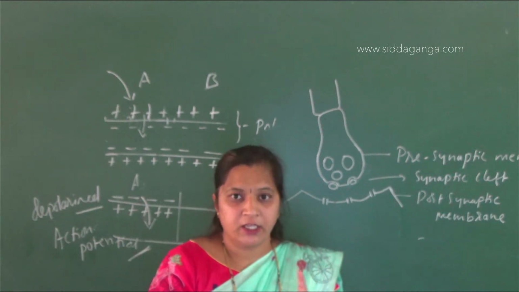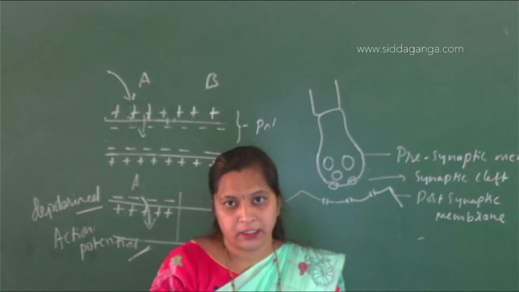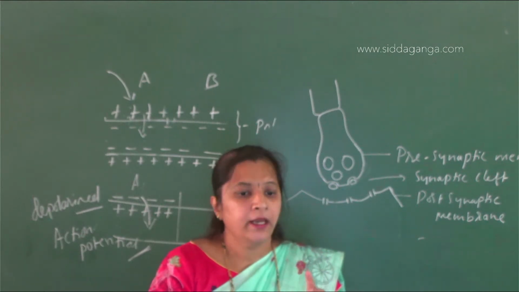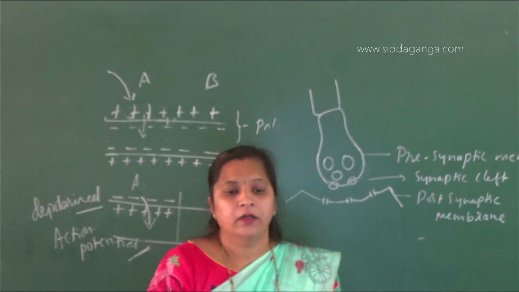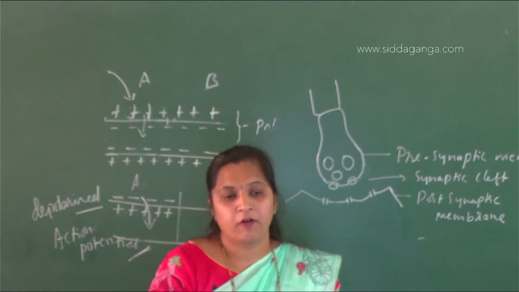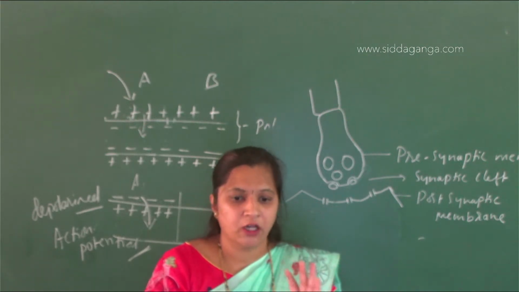The first statement, that it consists of sympathetic and parasympathetic nervous system, is right. It acts on skeletal muscles: no, it will not act on skeletal muscles. The efferent nerve fibers in the autonomic nervous system transmit impulses from the CNS to involuntary organs, so the third option is also right.